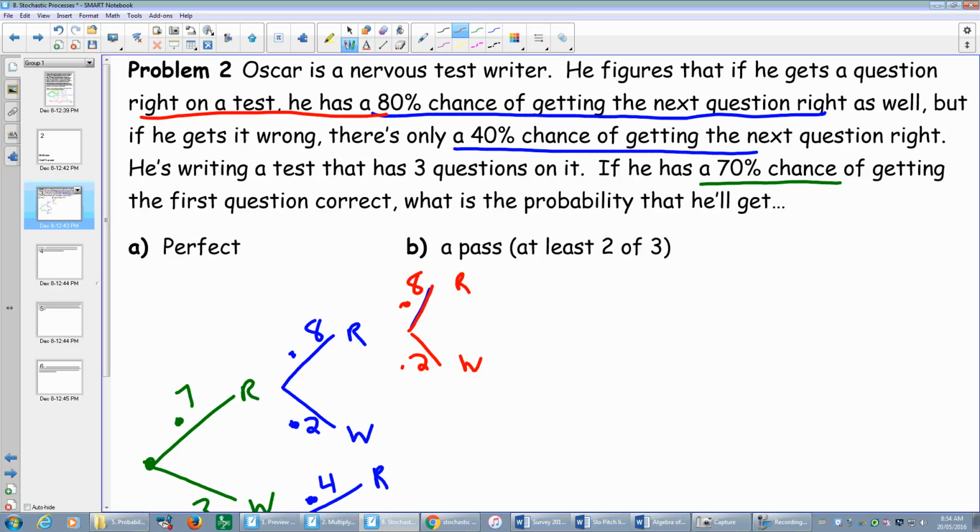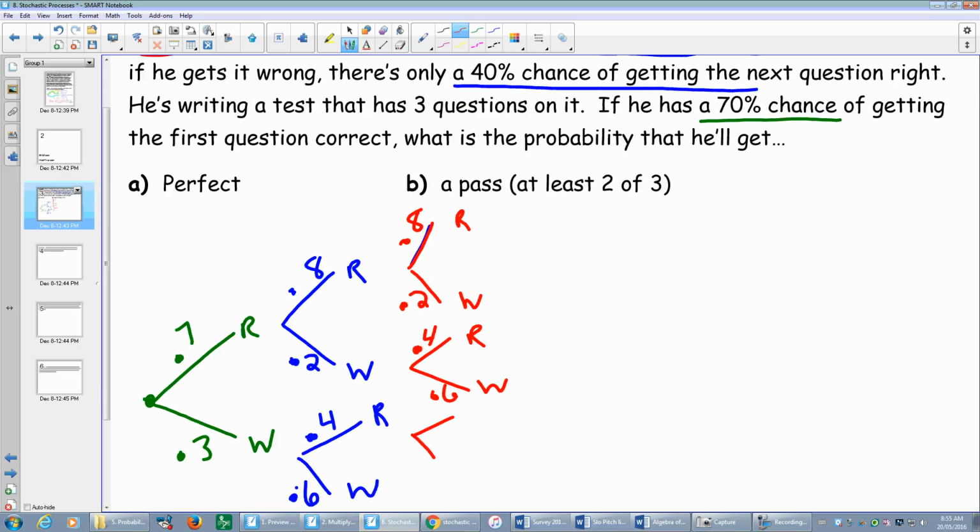Good, so 0.2. Then, if he gets the first question correct, second question wrong, what is the probability that he gets the third question correct? Very good. Because he answered the second question wrong, what's the probability that he gets it wrong again? What's the probability for this W? 0.6. Okay, Johnny, he answered the first question wrong.